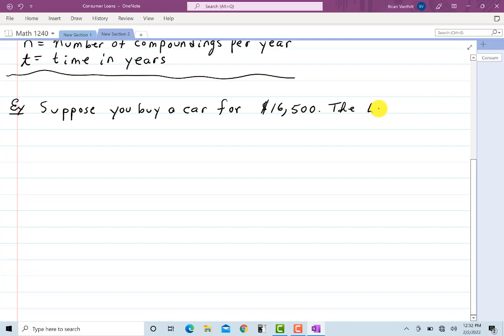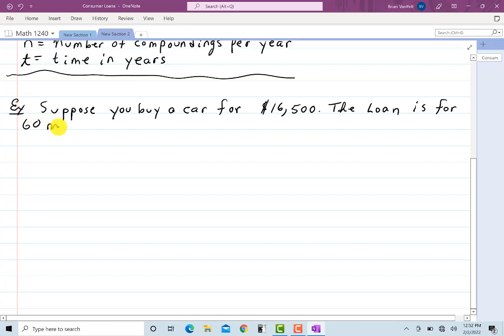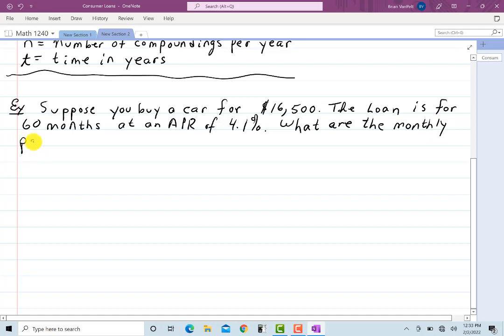The loan is for 60 months at an APR of 4.1%. What are the monthly payments?